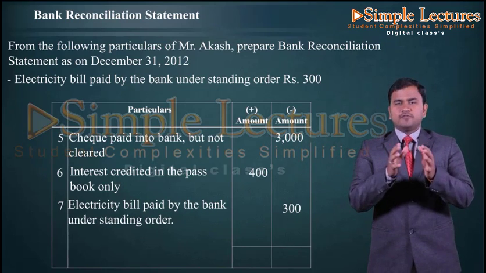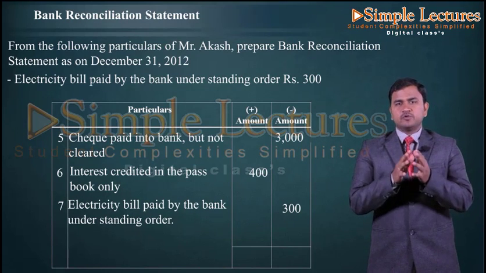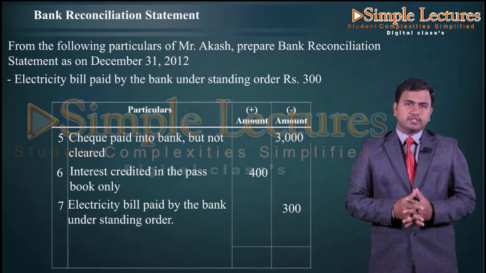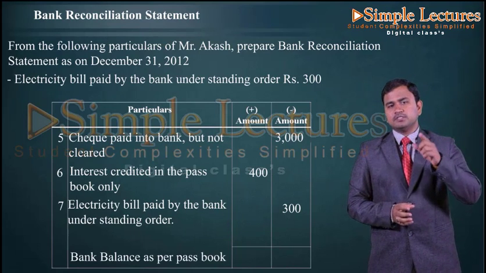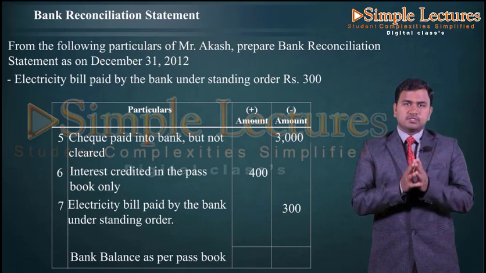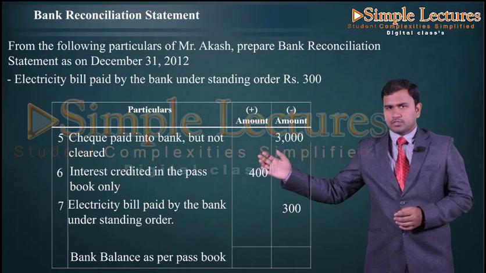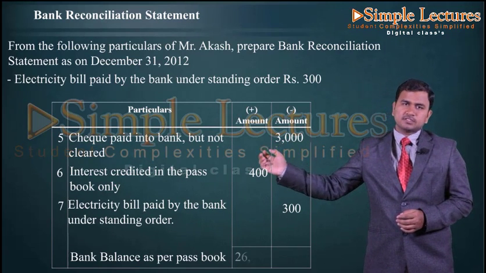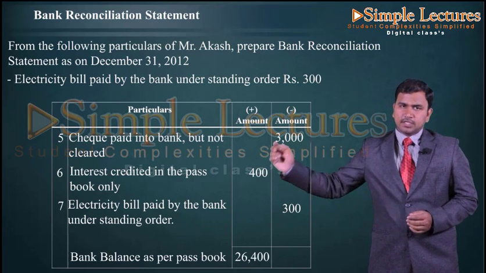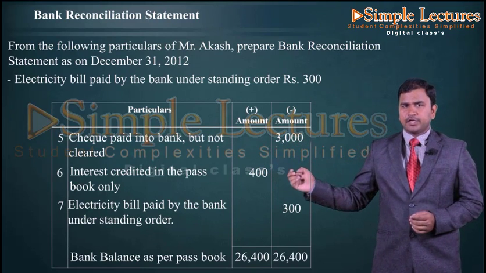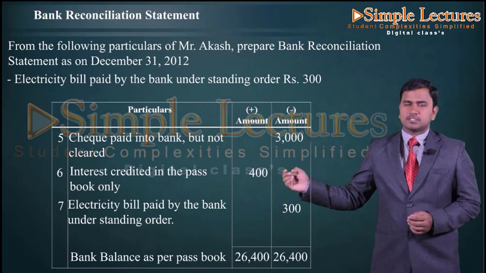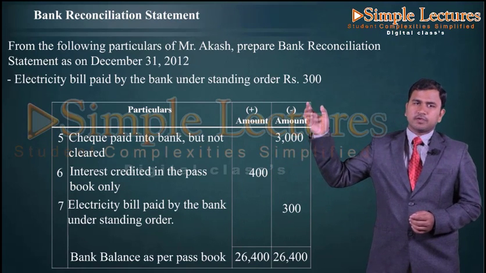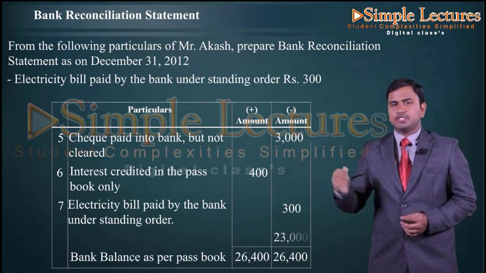Now, after recording all the entries, we have to close the bank reconciliation statement to find out the balance as per the passbook. So, now coming to the positive amount column, we have a total of 26,400. The same total we are going to write in the negative amount column, which is 26,400 minus all the above entries, we will be getting 23,000.